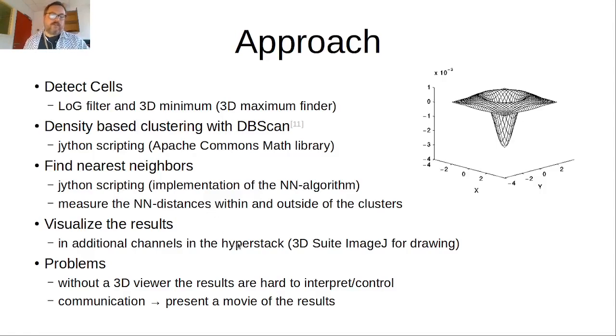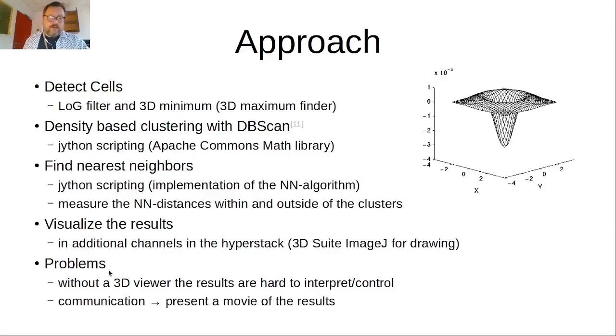And since we started this project before we discovered Napari, we add the results as additional channels to the hyperstack. So to visualize the nuclei we found and the nearest neighbors.